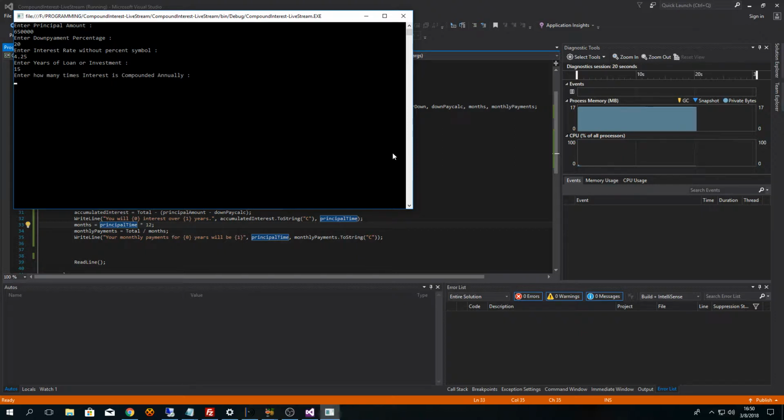And you'll be compounded 12 times. So you'll be paying $462,600.44 in 15 years, and your mortgage payment will still be the same.